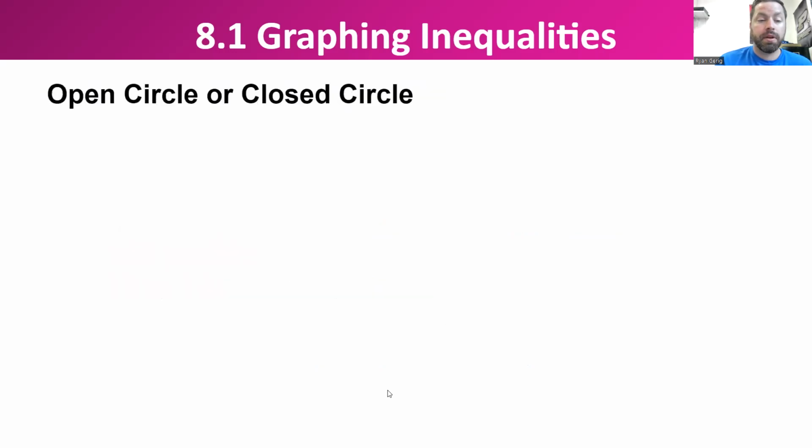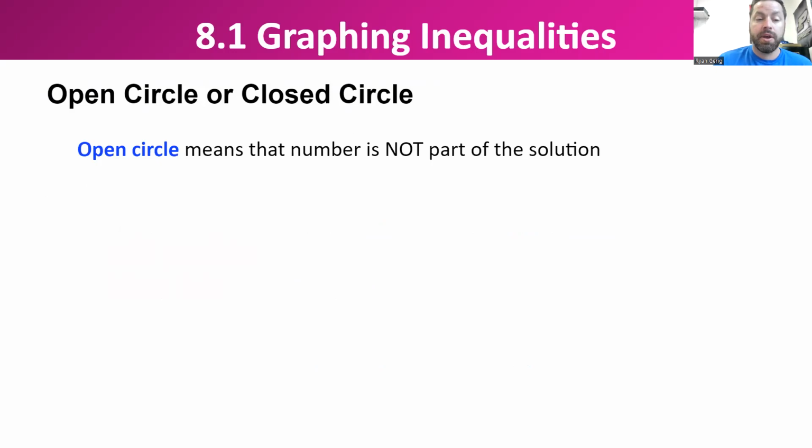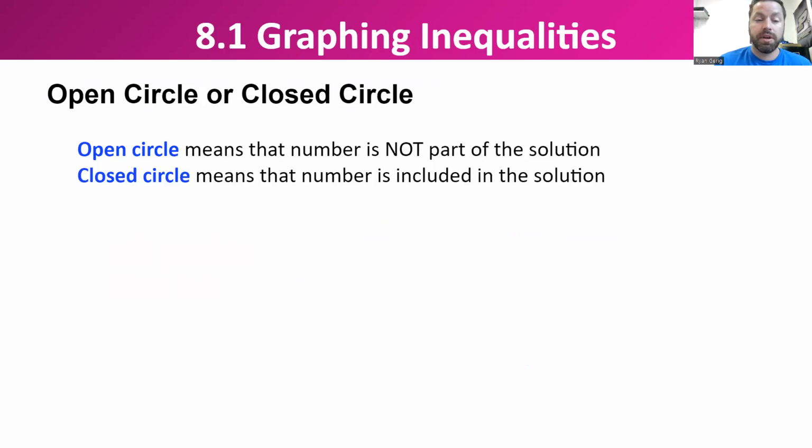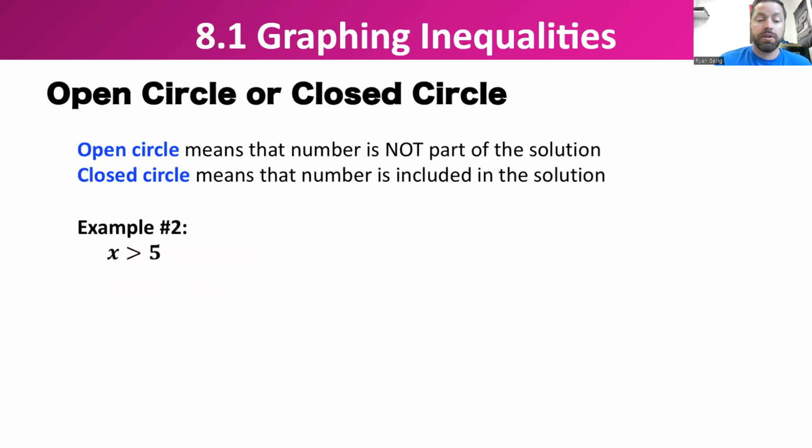Open or closed circle. That's how we show what happens at the number we're looking at. In the last problem, it was 10. An open circle means that number is not part of the solution, and a closed circle means the number is included in the solution. Example 2, x is greater than 5.